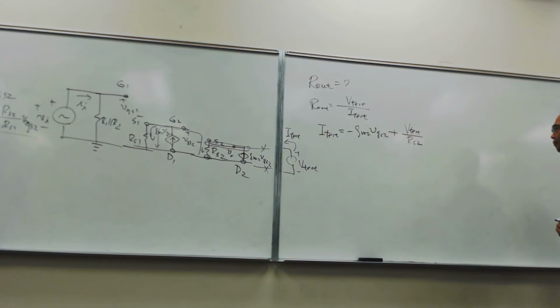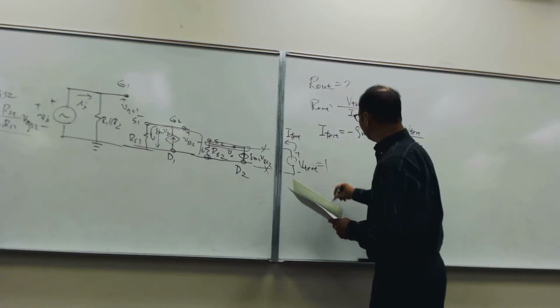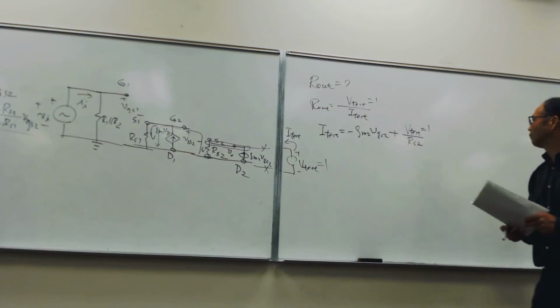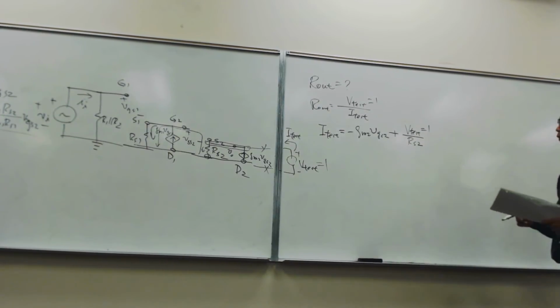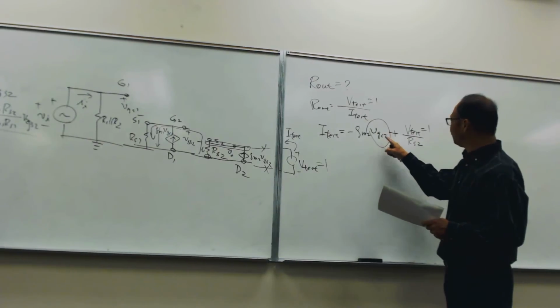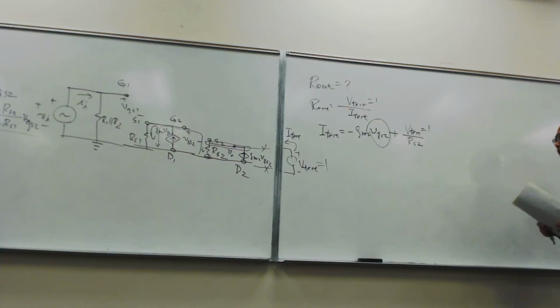Agree? Yes? Now you can make it one flow, okay? Make it easier if you like. So this is one, right? Yes? Okay. Now what do I do? I would have to find the relationship between this and the what? And the V-test, right?